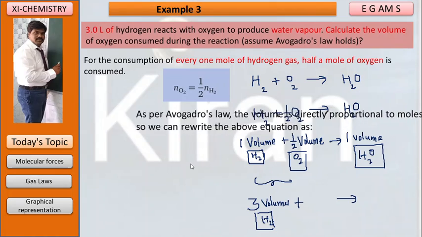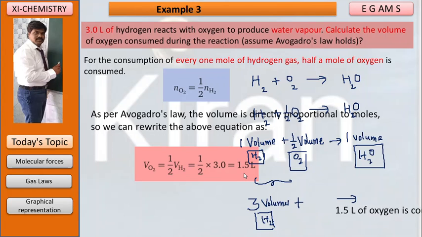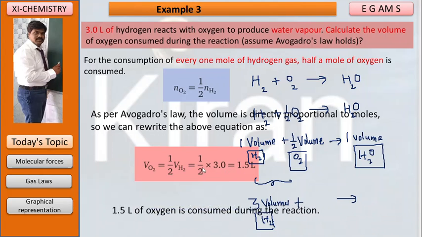As per Avogadro's law, the volume is directly proportional to moles. So we can write the above equation in this format. So oxygen is equal to half H2. Half means 3.0 into half is equal to 1.5 liters. 1.5 liters is the answer.